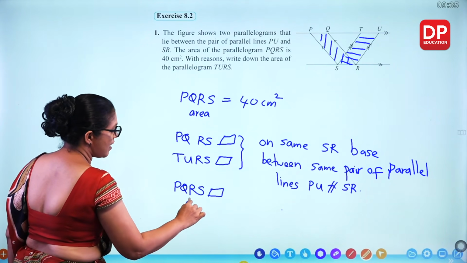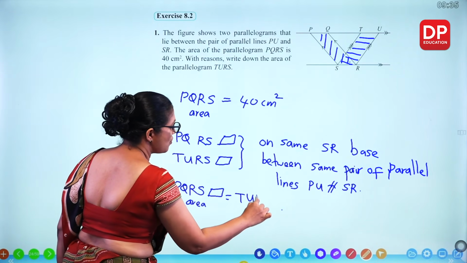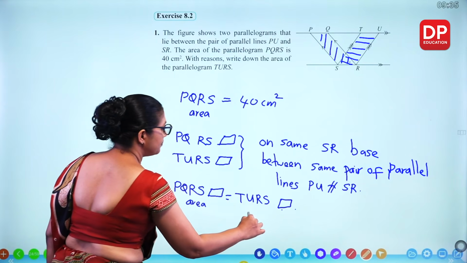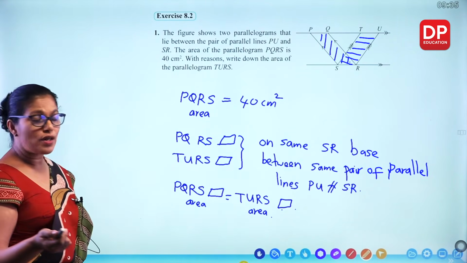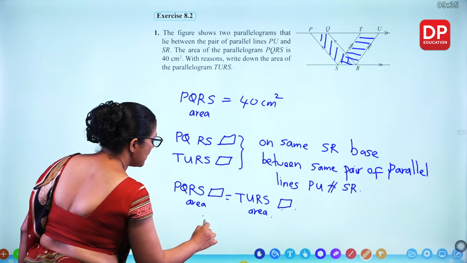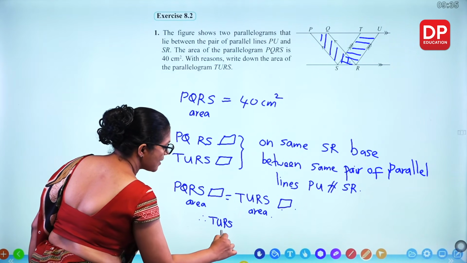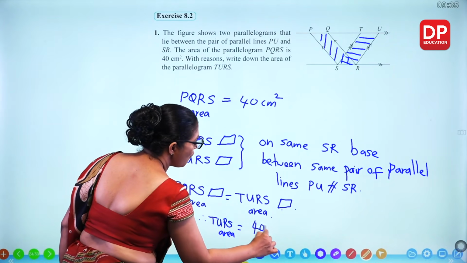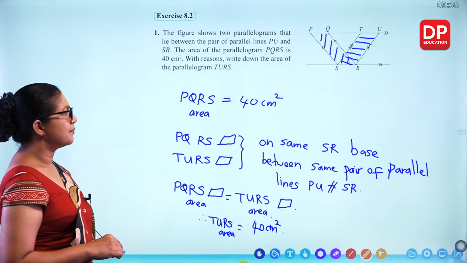So this area is equal to TURS parallelogram. We know that PQRS is 40. So what's the area of TURS parallelogram? That's also 40 square centimeters.